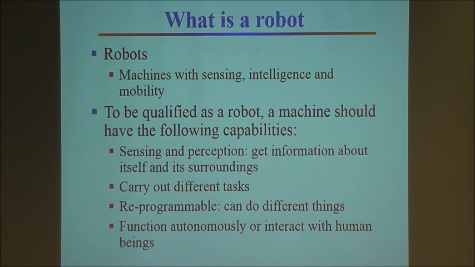In order for a machine to be qualified as a robot, the machine should have the following capabilities. It should be able to sense and perceive, get information about itself and its surroundings. It needs to be able to carry out different tasks. It should be reprogrammable, meaning that for the next 3 months it could be doing something, then after that it will be reprogrammed to do something else.